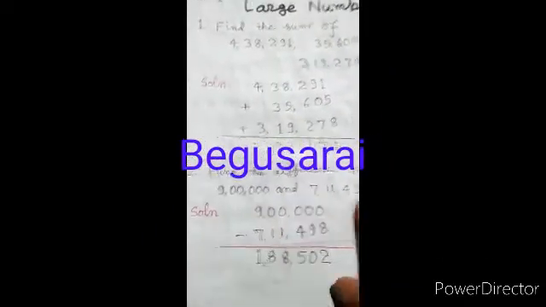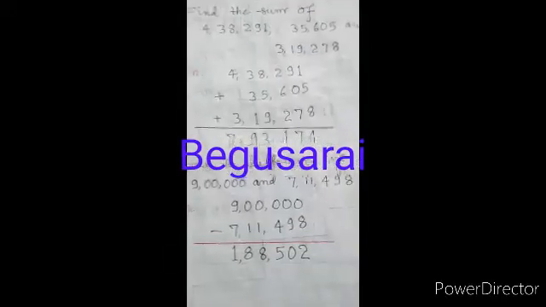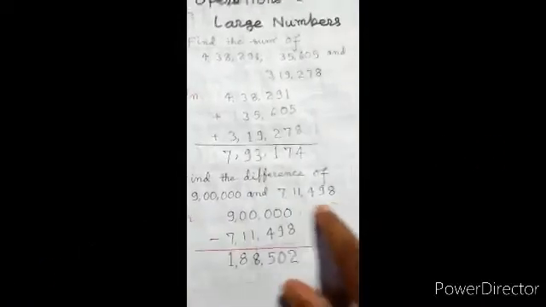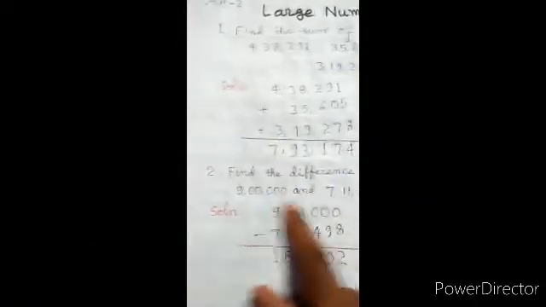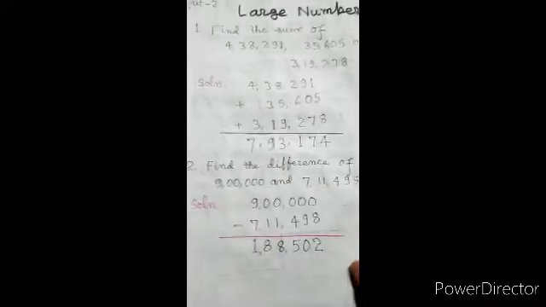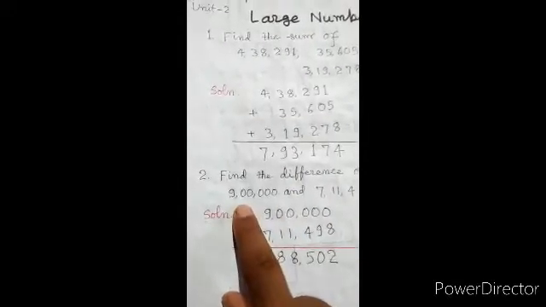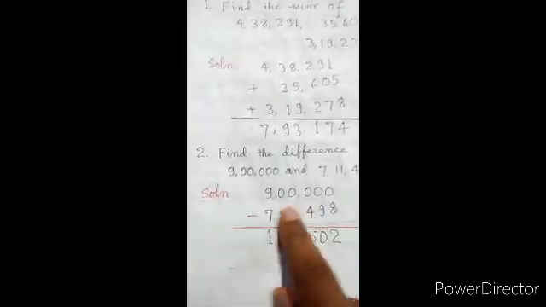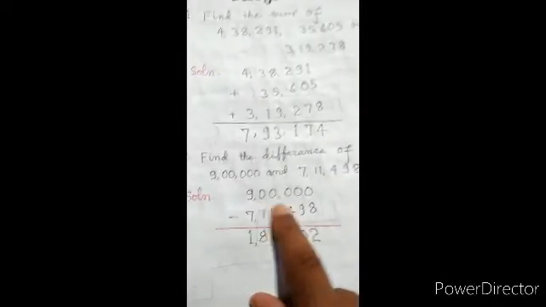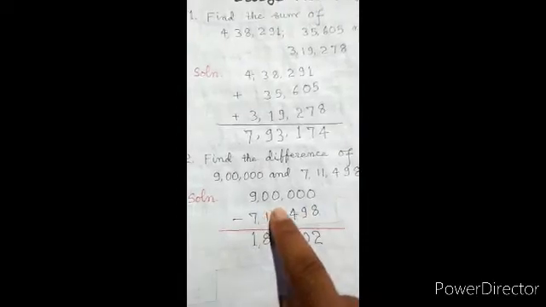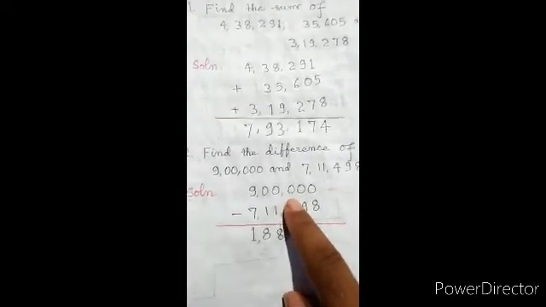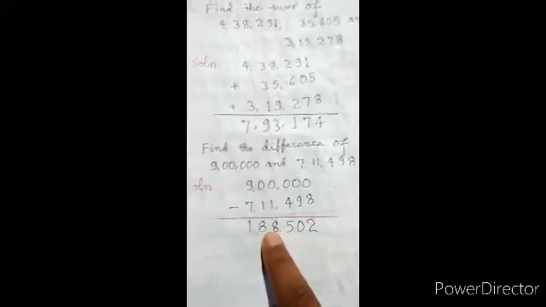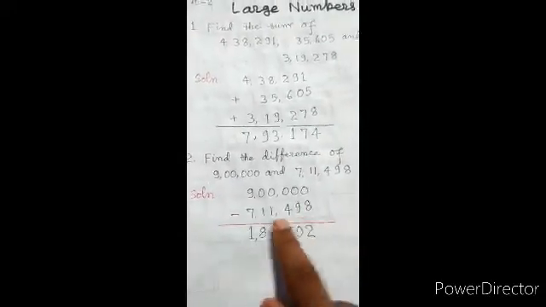We have to find the difference between these numbers. This one is the greatest among these two numbers, and this one is the smallest. So the smallest number will be subtracted from the greatest number. We will write it in vertical form, and the greatest number will be written in the top place, and the smallest number will be written in the bottom part.